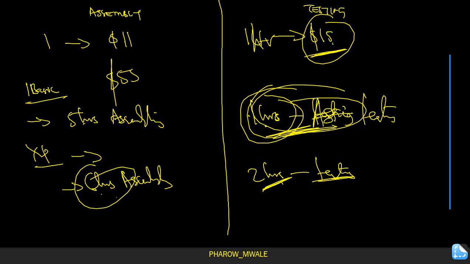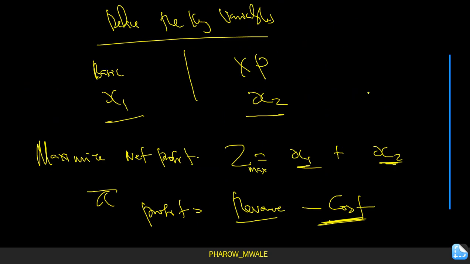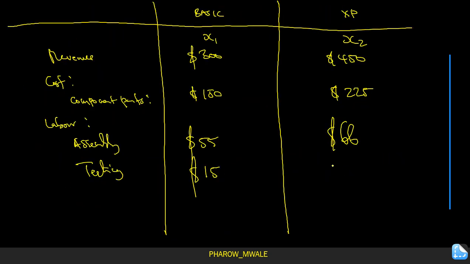However, you only need 1 hour to test a basic, and you need 2 hours to test an XP. So it will be 2 hours by $15 per hour. So this will be 30. Let's write it here, $30 US.